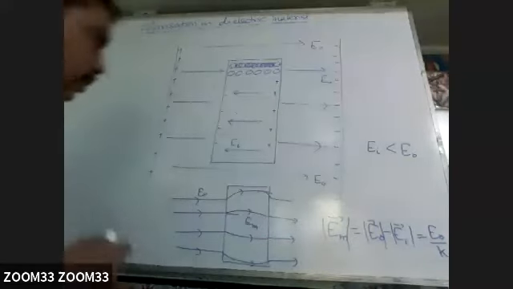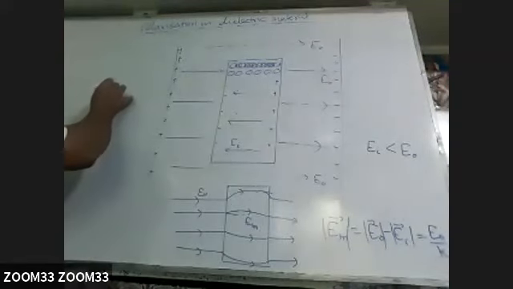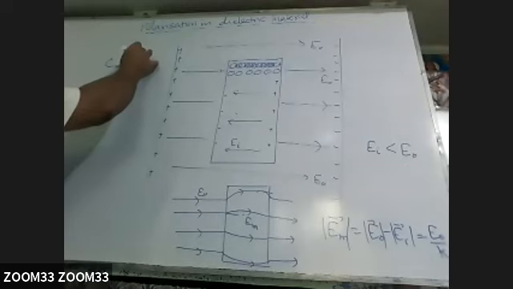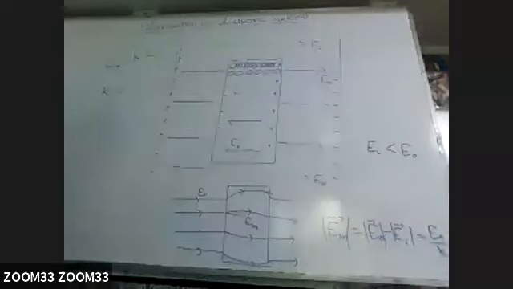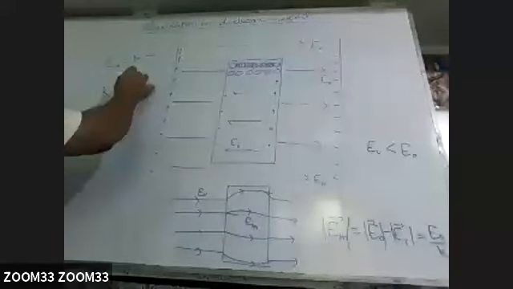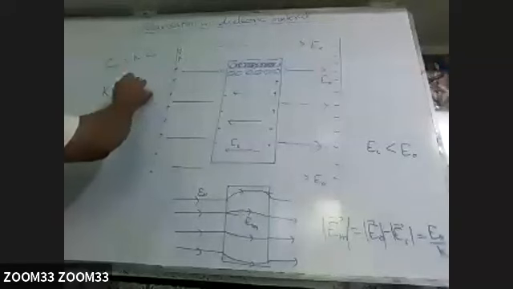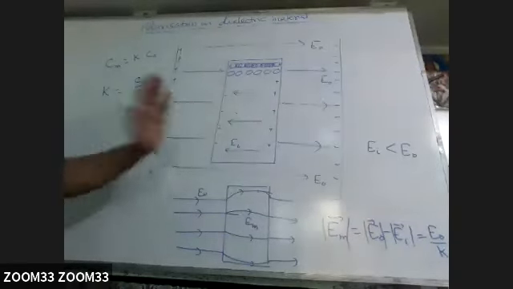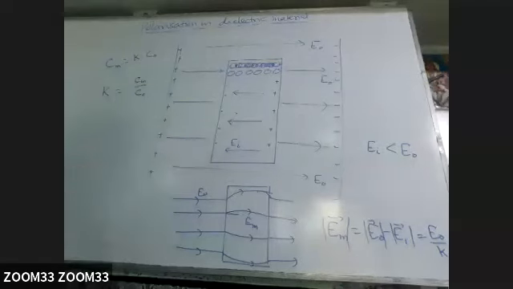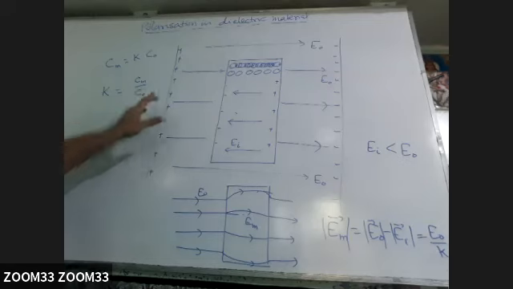Got the point? This K can be defined this way also, because we know when it is filled with a dielectric slab, this was the case, or epsilon r times C naught. So K was what? So Cm over C naught. So when nothing is placed between these two plates of the capacitor, what was its capacity in comparison to that?